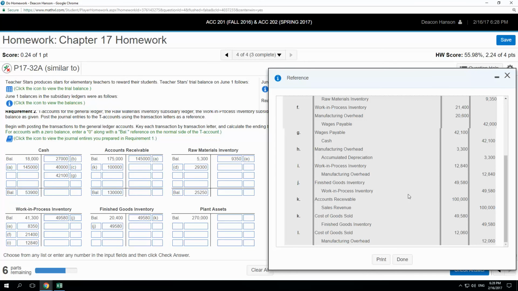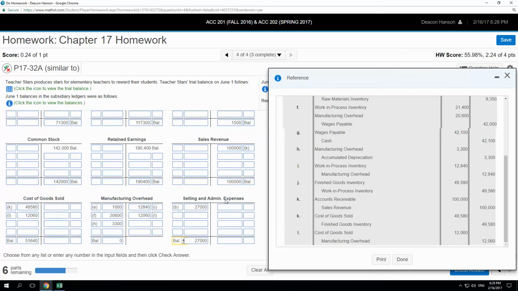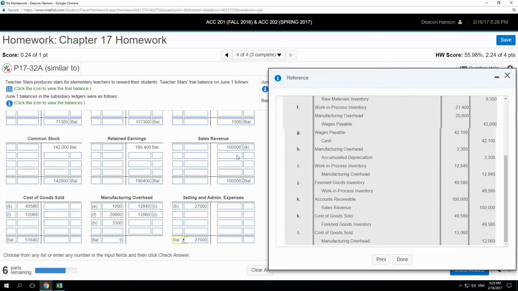J, okay, we're getting close. Accounts receivable debit 100,000. Okay. Sales revenue credit 100,000. Okay. Cost of goods sold debit 49,580. Okay. Finished goods credit 49,580.